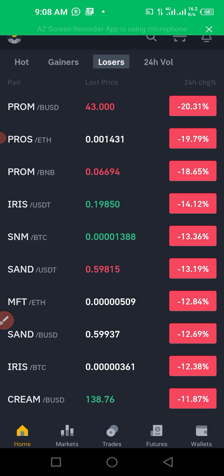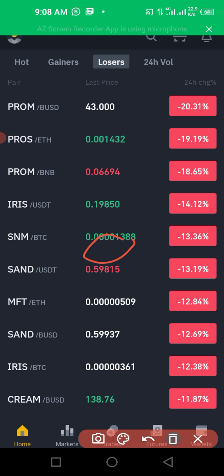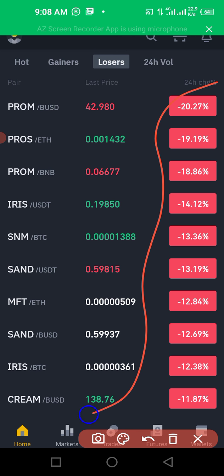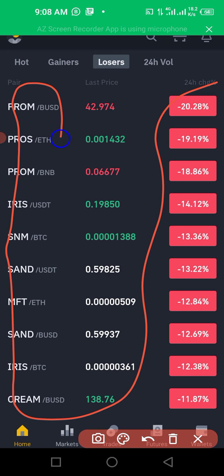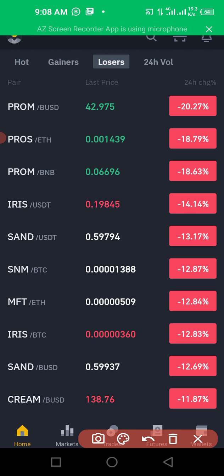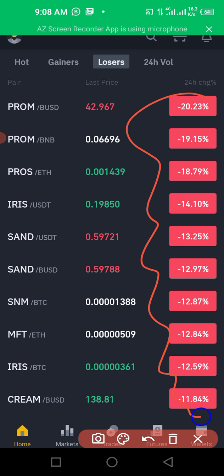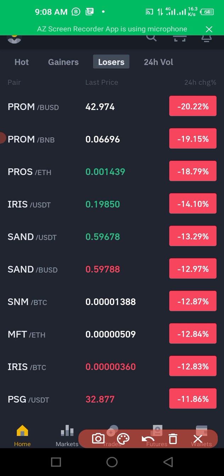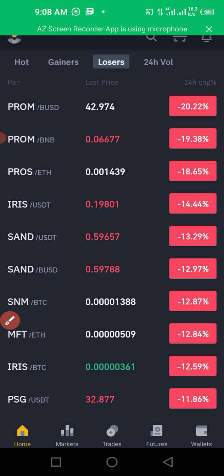Now there are some points in time when the coins that were doing well, the gainers, are the ones doing bad. Okay, so just take notes. The ones that are showing red should be the ones you analyze when they are red.